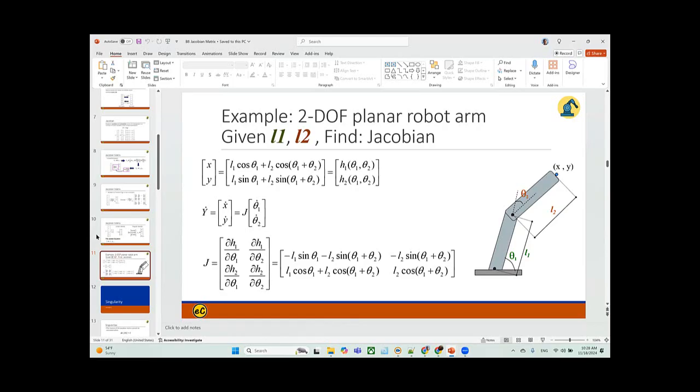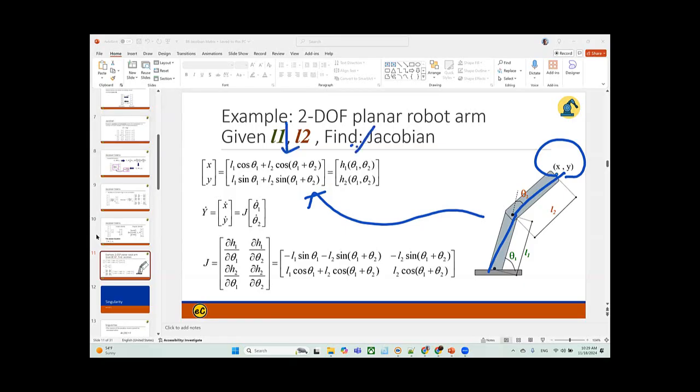You have a robot of two angular revolute joints. Okay, so your XY can be modeled by theta 1, theta 2, and L1, L2. L1, L2 is the length of your arm here and here. So where your XY is can be calculated based on the equation here. You can think about this equation is H1.